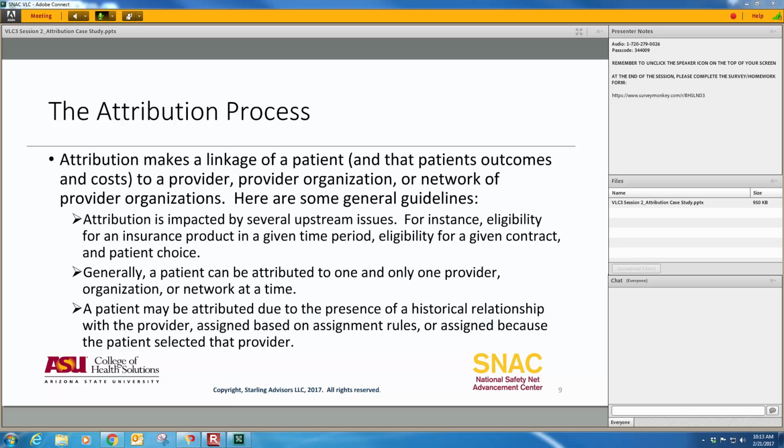A patient may be attributed due to the presence of a historical caregiving relationship. We call that retrospective attribution. They may be assigned based on certain assignment rules, or they may be assigned because the patient proactively selected that provider when they enrolled in the insurance and in the plan.